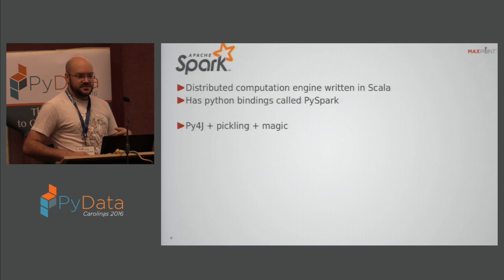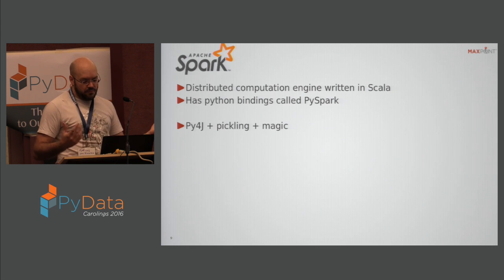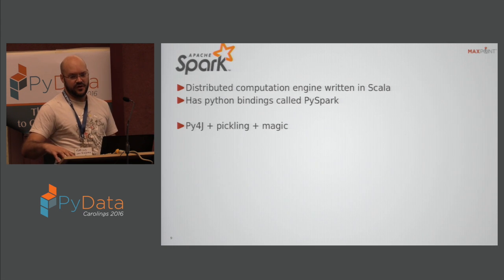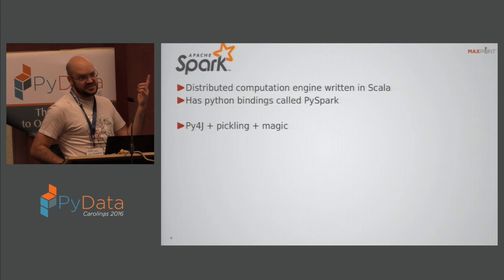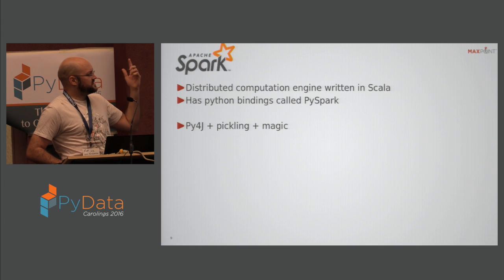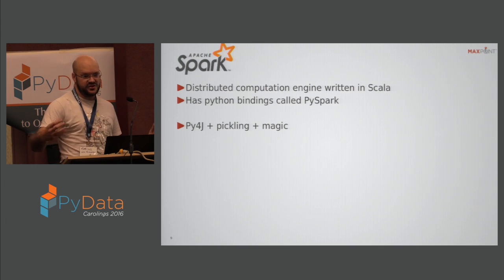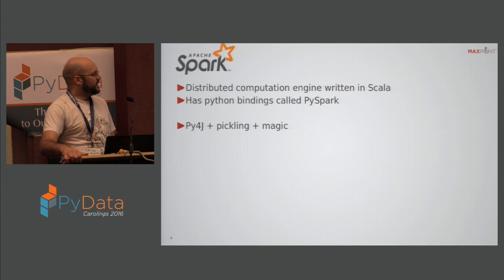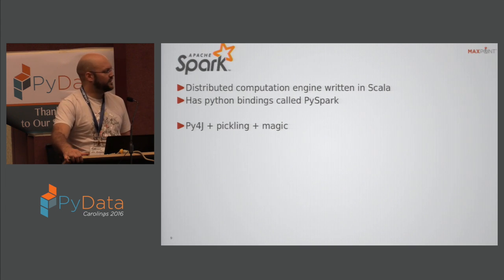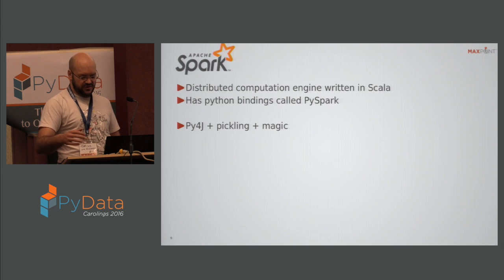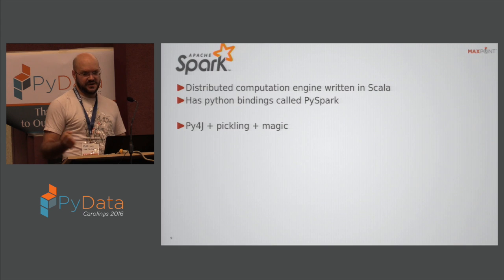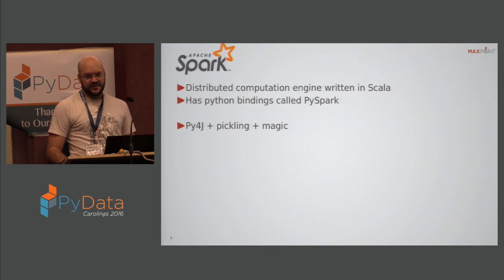And so the largest standard user of Py4j that's popular now is Apache Spark. Apache Spark is a distributed computation engine written in Scala, and it has some Python bindings called PySpark, so that you can write your big data distributed processing inside Python, because data scientists don't really like writing lots of Java and Scala, so we try to avoid it.